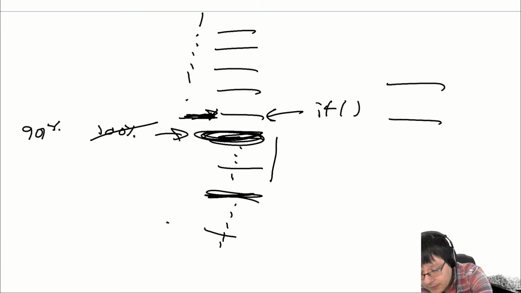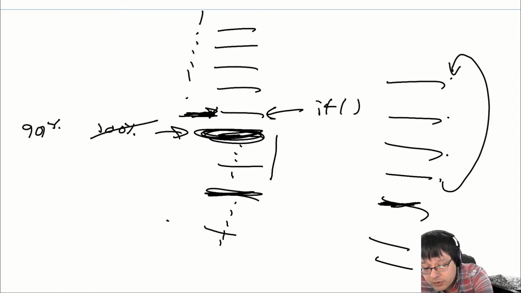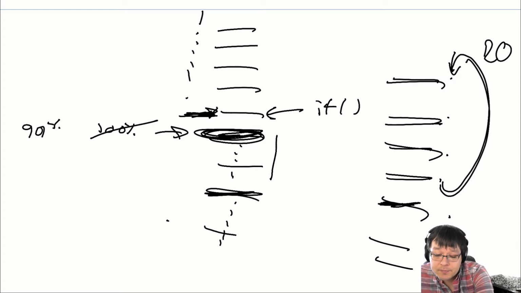Alternatively, if you're doing a loop, you might be going code, code, code, code, and then you're like, well, 90% chance here, except let's say that this is where the loop loops around. So you're really only running this code, and you're running this code maybe 20 times, and then eventually you're going to get out, and then you're going to run this, right?